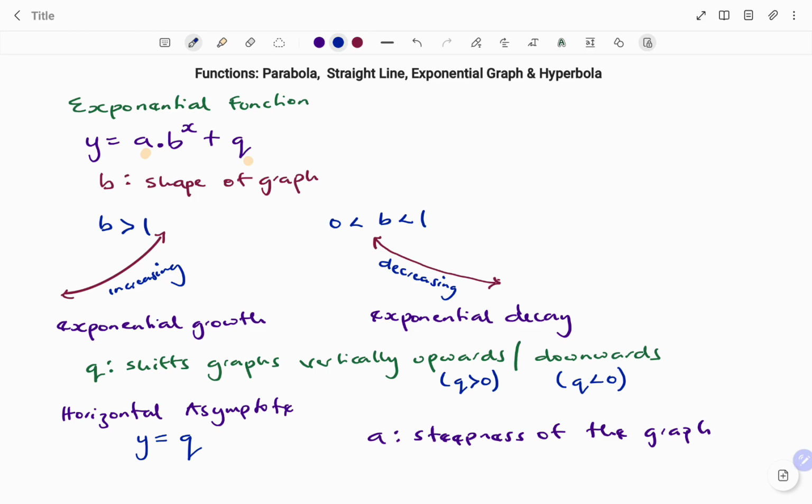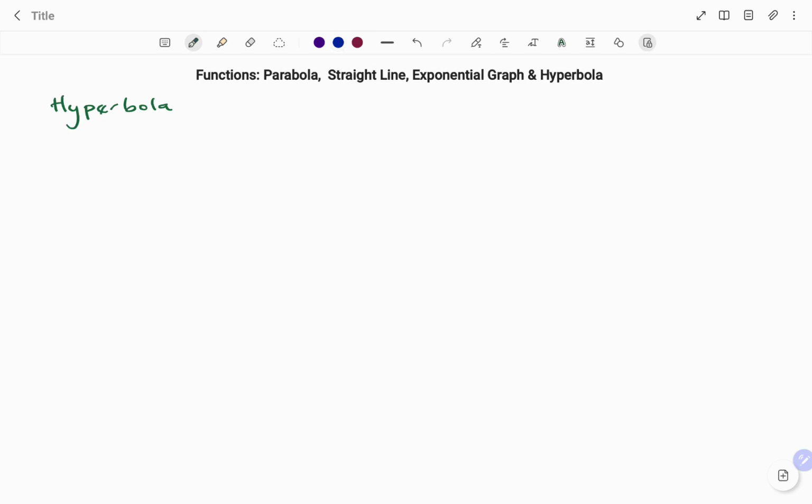Let's look at the last but not the least function, that is the hyperbola. For the hyperbola, the formula is y equals a divided by x plus p, plus q, whereby note that x plus p cannot be equal to 0.